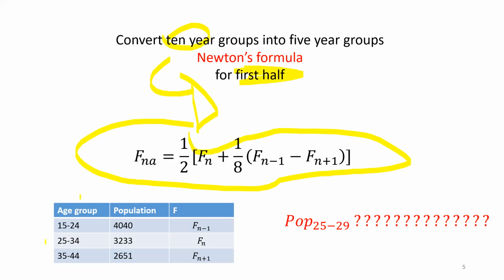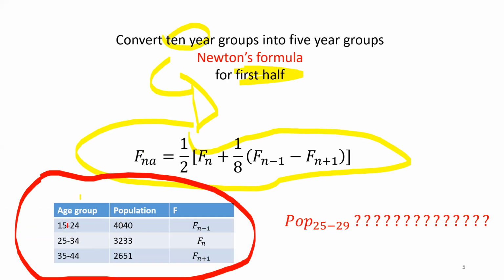Then you have a hypothetical data set here. That's for 10 years: from 15 to 24, 25 to 34, 35 to 44. These are 10-year age groups. So this is the population. Then you have values for these three. By using these three, you can find the middle age group's first half using this equation.